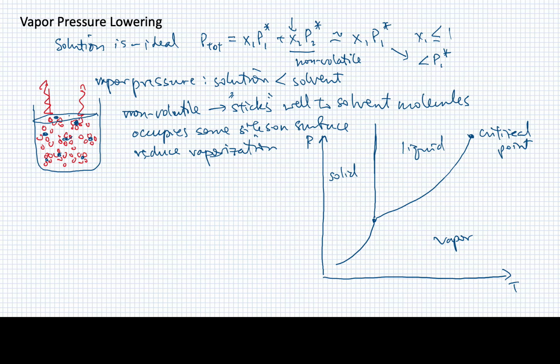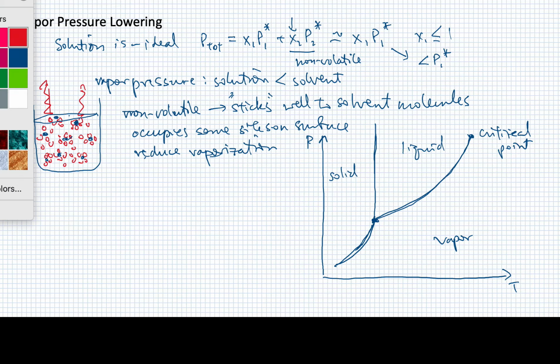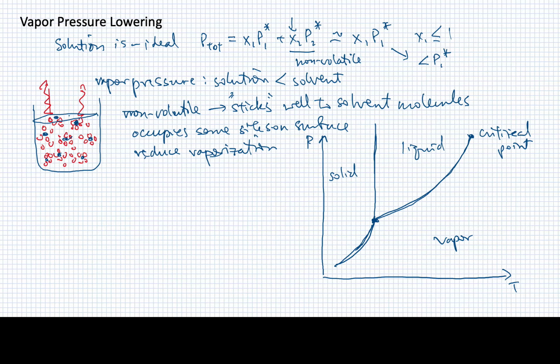These coexistence curves, especially the one here that separates solid and vapor, and the one here that separates liquid and vapor, are the vaporization curves. I'm going to focus on the liquid-vapor curve because the solid-vapor one is not affected as much. But now I want to show you what happens when we have a solute present.